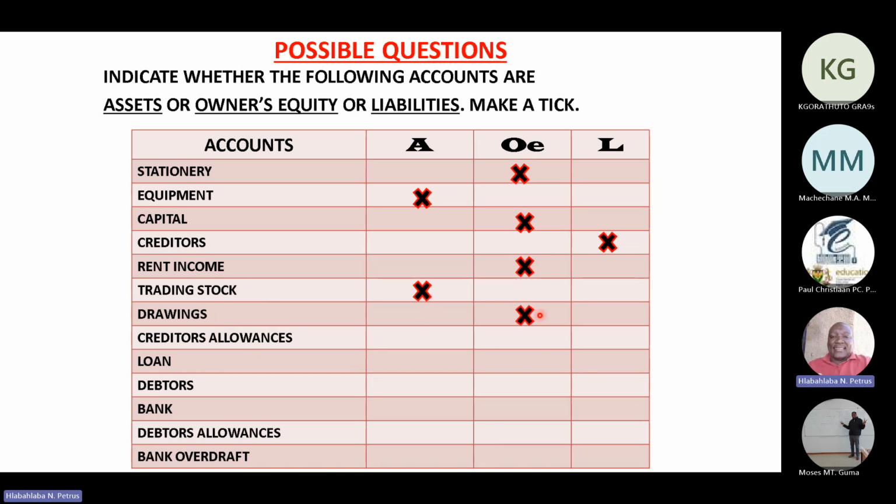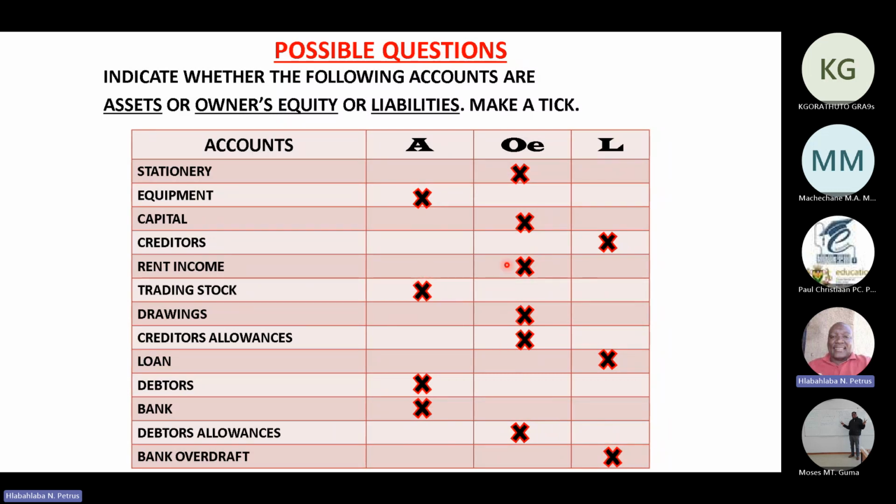Drawings is an owner's equity. Creditors allowance is an owner's equity. Loan is a liability. Debtors is an asset. Bank is an asset. Debtors allowance is an owner's equity. And lastly, bank overdraft is a liability.